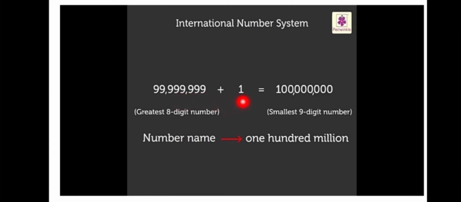Now we add 1 to it and we get the smallest 9-digit number, that is 100,000,000, and we read it as 100 million.